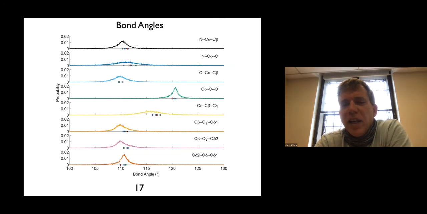Since they don't vary by much, we can consider them to be basically determined by what we call protein stereochemistry. All proteins share this feature, and we don't treat it as a variable. We treat it as something that's given by the nature of covalent bonds.